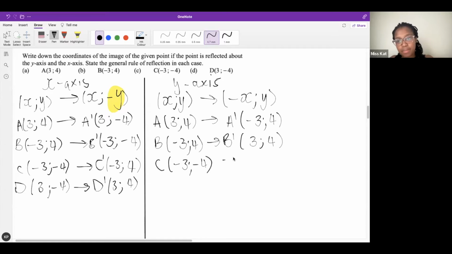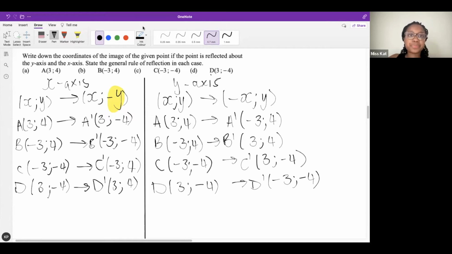What's C prime? (3, -4). Nice. And my last one, D, was (3, -4). So then D prime will be (-3, -4). Nice. Sia, that was beautifully done. Thank you very much, Sia, for doing that with me.